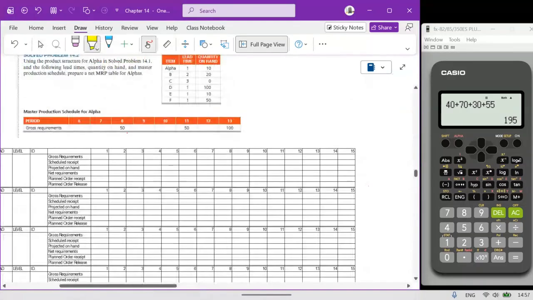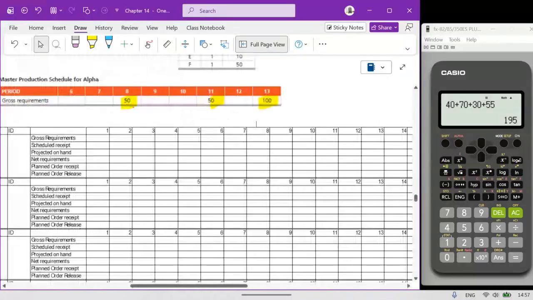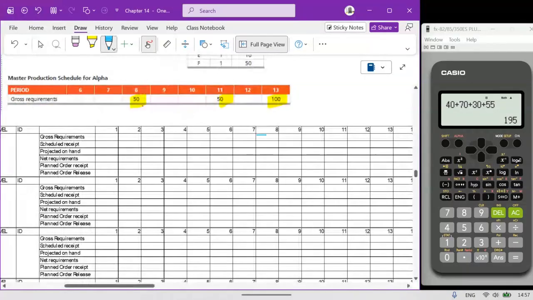You see here? This is nice. Keep this in mind. So immediately you must know on the gross that you go and add the 50 at 8. You add the 50 at 8. You add a 50 at 11, 100 at 13.